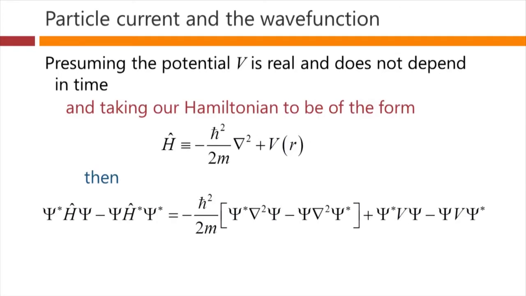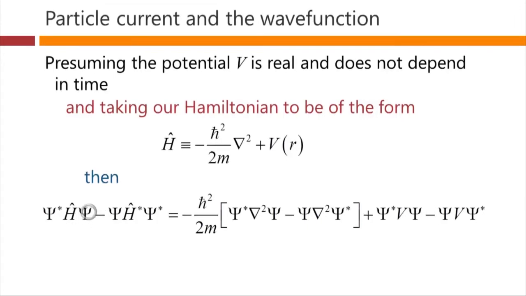And H star operating on psi star is minus h bar squared over 2m times del squared psi star, and that would be plus V times psi star. I've got a minus sign here and here and here.